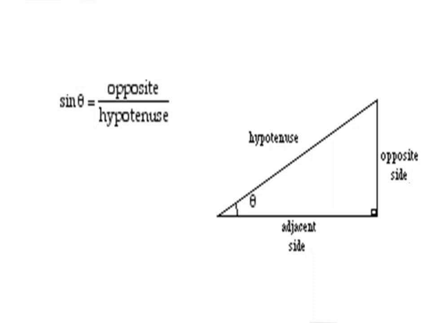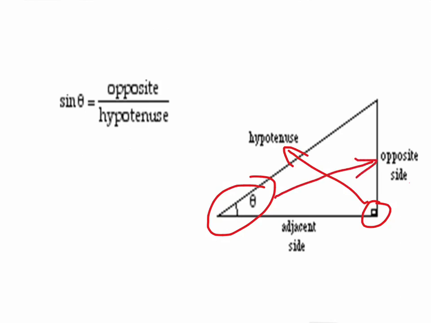At this point, you should be comfortable with everything you see on the page right here. We have a right angle triangle with the hypotenuse identified, and we have a reference angle with the opposite side and adjacent sides identified.